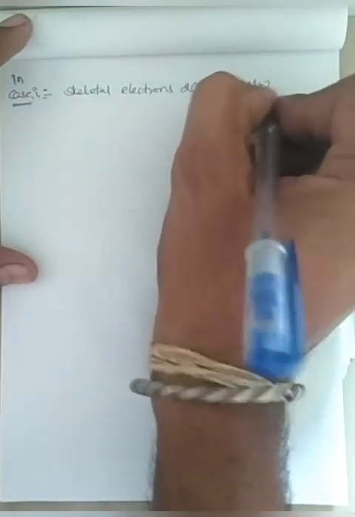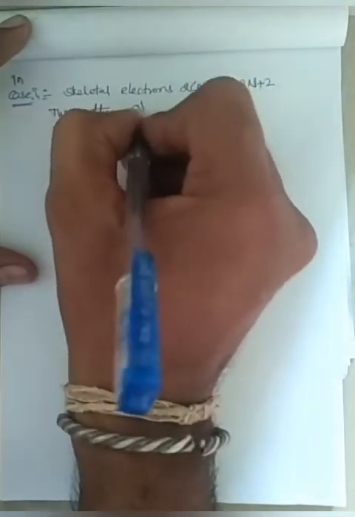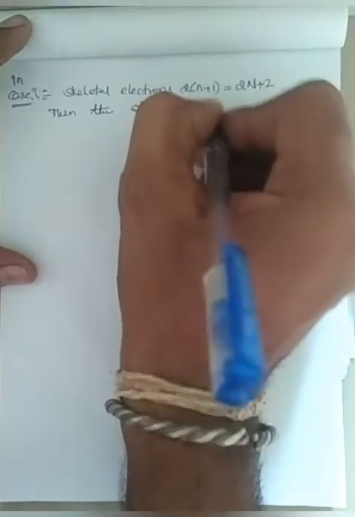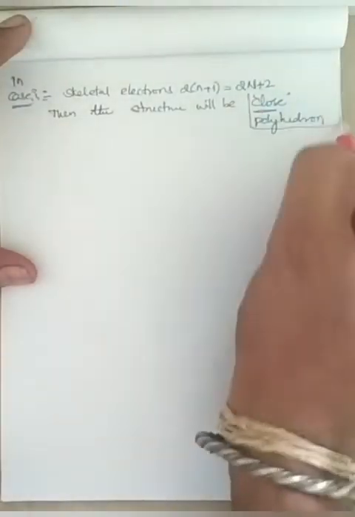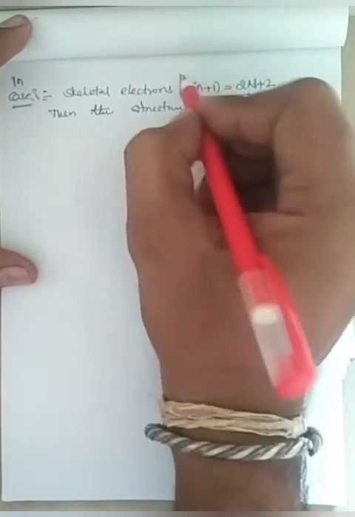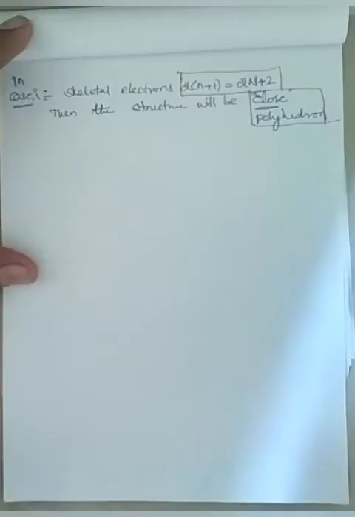In case 1, when the skeletal electrons, that is 2 into n plus 1, equal 2 into capital N plus 2, 2 into number of metals plus 2, then the structure will be closo polyhedron, when skeletal electrons equal 2 into number of metals plus 2, right?